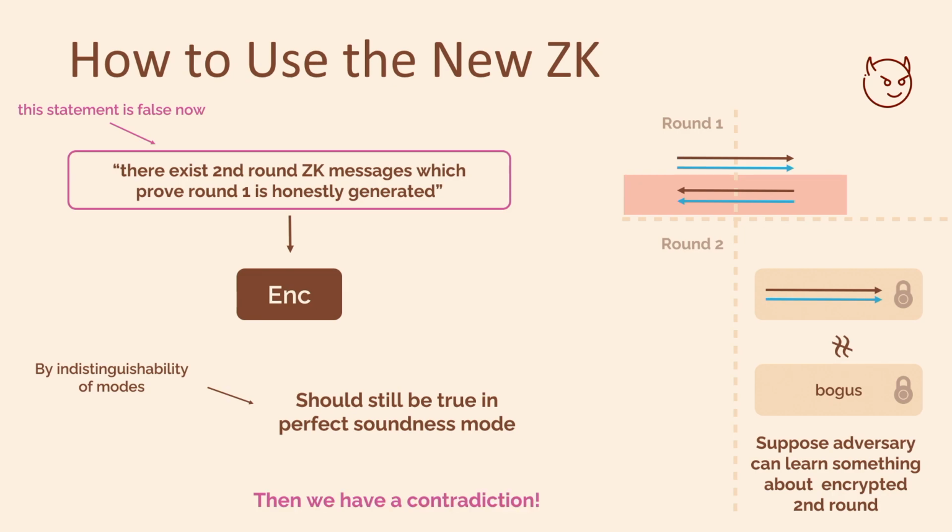So then if the witness encryption itself is strong enough, or in other words, if the advantage in distinguishing ciphertexts is guaranteed to be sufficiently less than the probability mu of the perfect soundness mode holding, then we have a contradiction. And thus we've successfully shown that using this new zero knowledge, the witness encryption hides the second round in the case that the first round is dishonest.